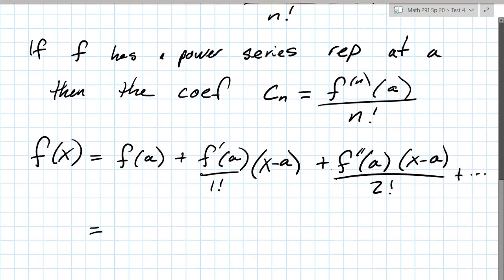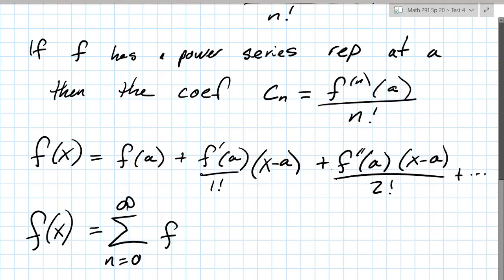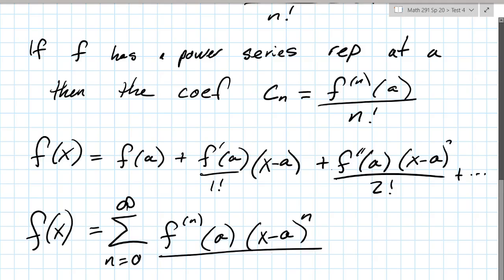Or we can write it like this. f of x can be written as the sum from n equals 0 to infinity of the nth derivative at a times x minus a to the nth power over n factorial.